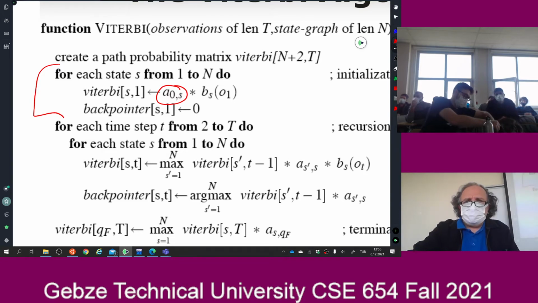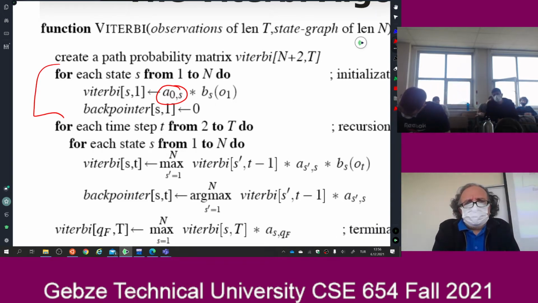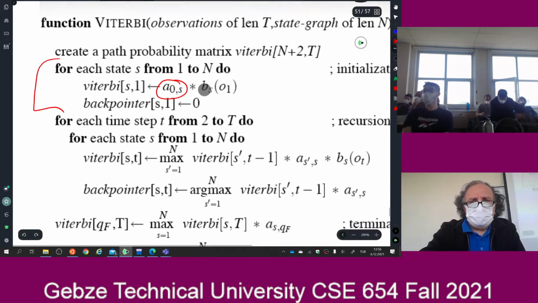And what is this then? B_S(O1). Probability of that word being that tag. But this one doesn't talk about the word, right? It is B_S. Well, you are saying that observation. Yeah, exactly, that's true.